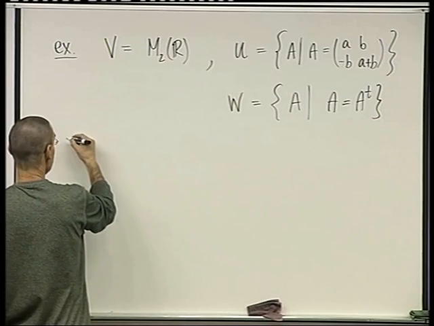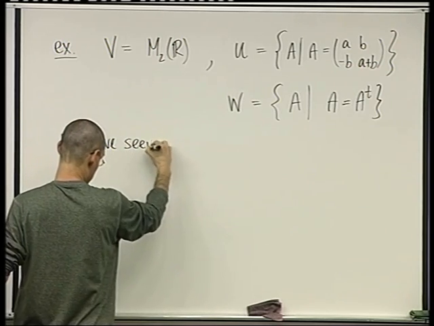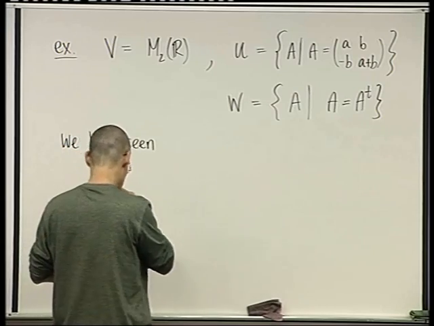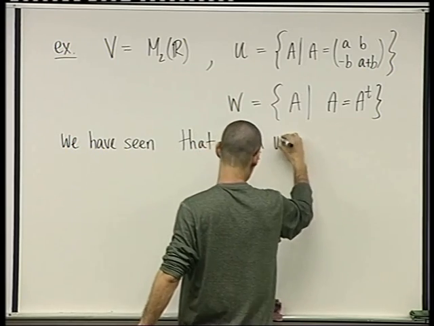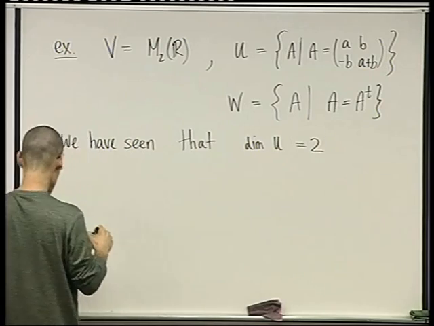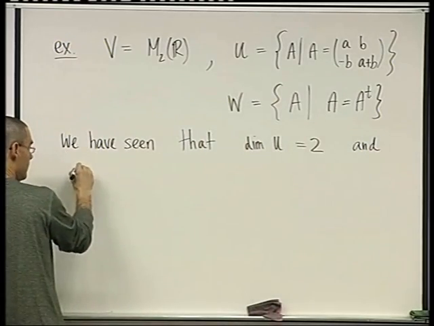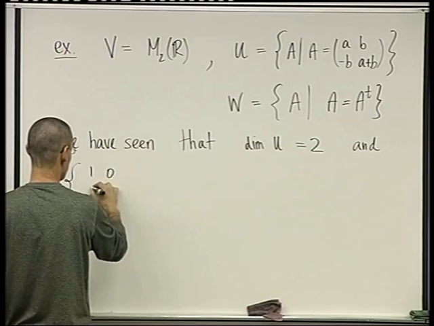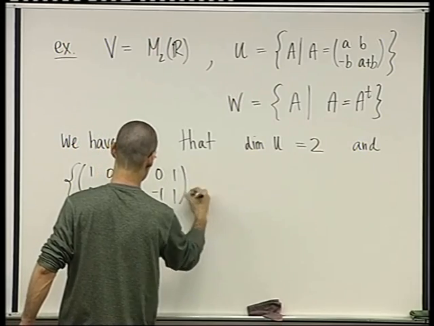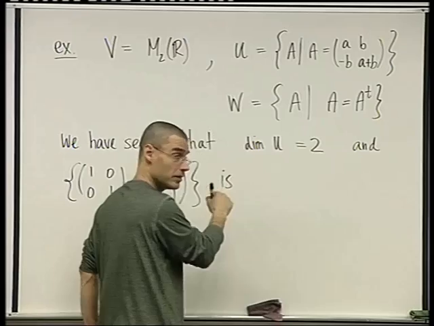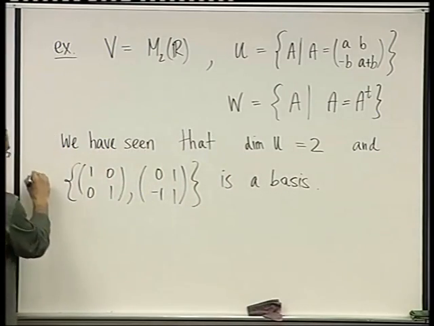So let's start with U. We have seen, not a long time ago, that the dimension of U is 2, and that the set 1, 0, 0, 1 and 0, 1, negative 1, 1 is not just a spanning set, it's a basis for U. And we even called it BU.